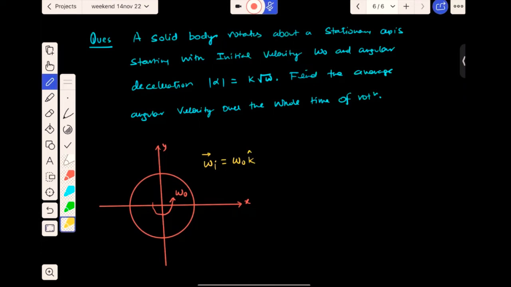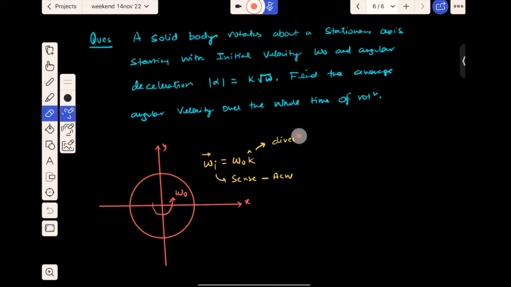Now I want to reduce its angular speed. So I must apply an angular acceleration opposite to the angular velocity. Our angular velocity, from the side you are looking at it, is anti-clockwise, and its direction is along plus z. So z means k cap should come.